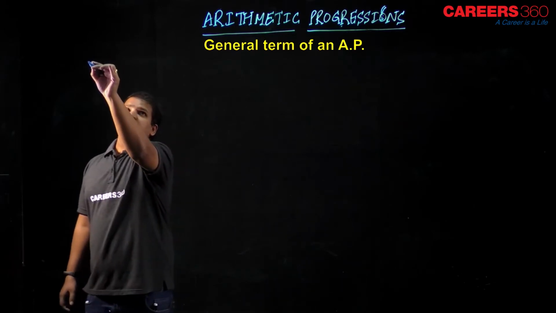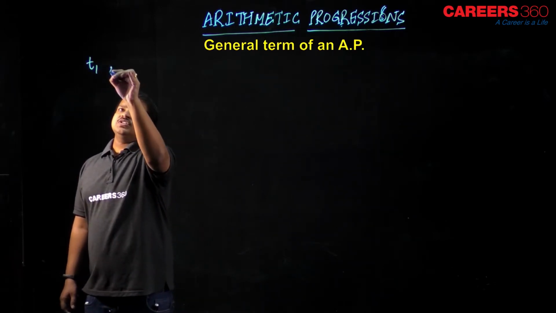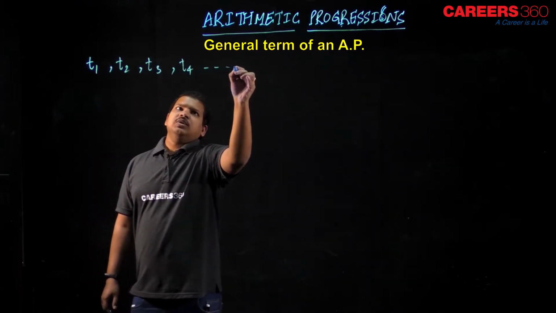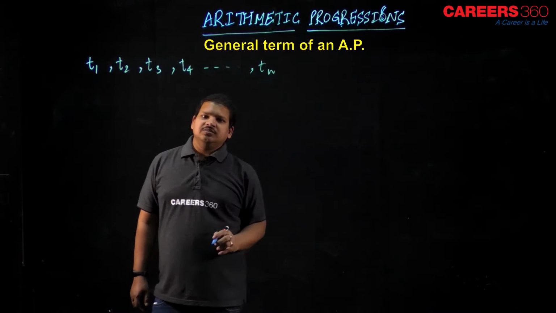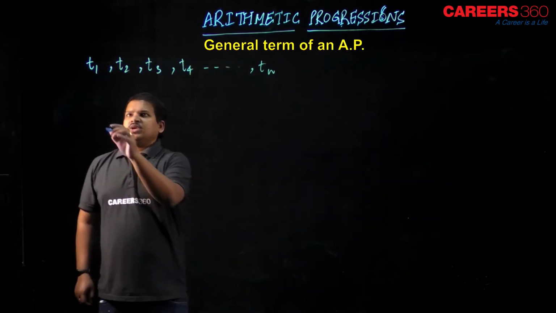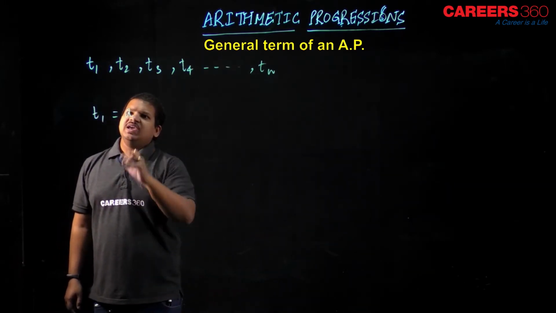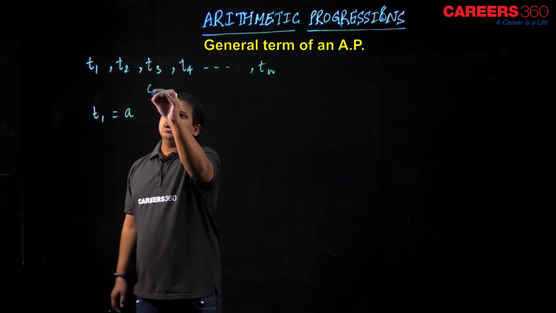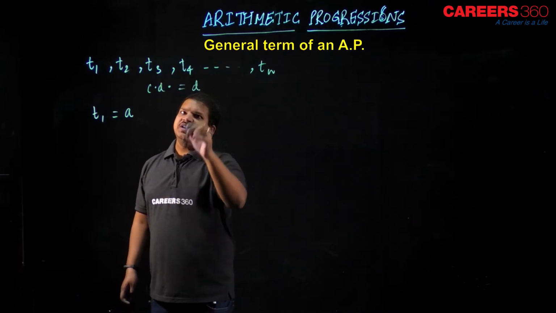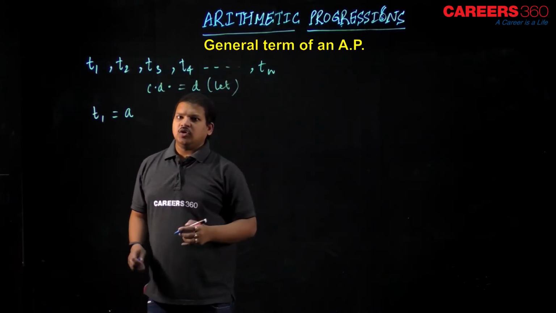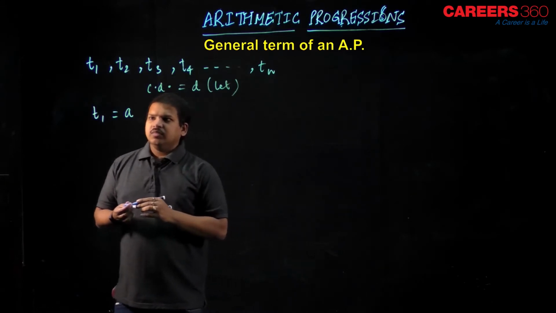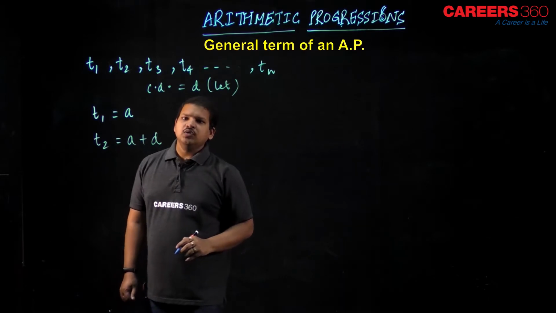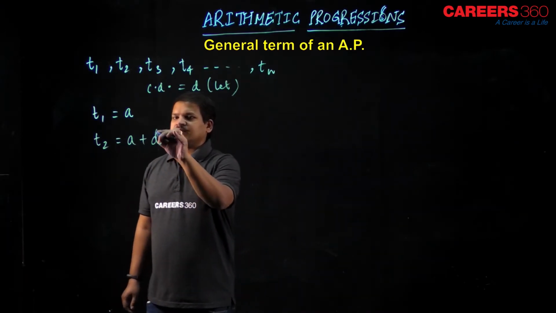Let's say this is an AP, the first term, the second term, the third term, the fourth term and the nth term, right? Now, if I call the first term as A and the common difference is D, let the common difference be D. So, in order to get the second term, you have to add a D over here, the common difference.